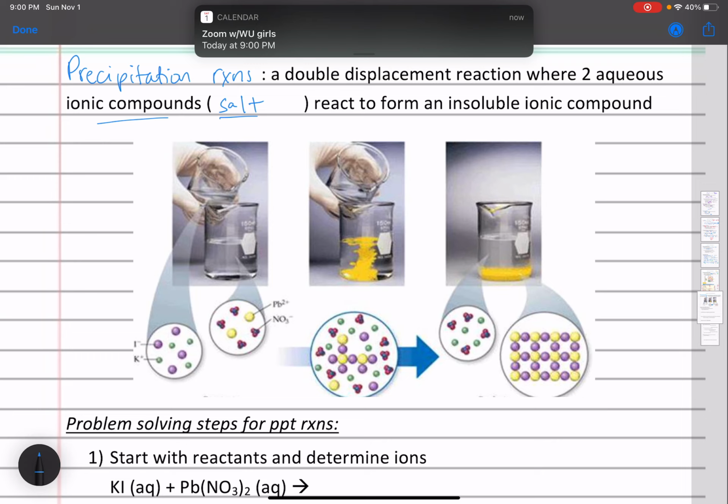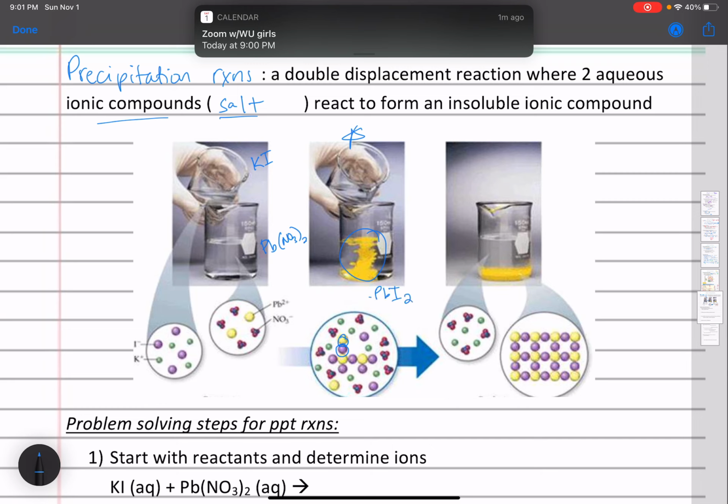For example, here's a reaction pictured. In the beaker up here, we have potassium iodide, and in the beaker down here, we have lead(II) nitrate. Notice that these solutions are both clear. They look like water. But when we mix them together, in the second image you see this yellow precipitate forming, because the lead ions and the iodide ions form an insoluble salt, lead iodide.